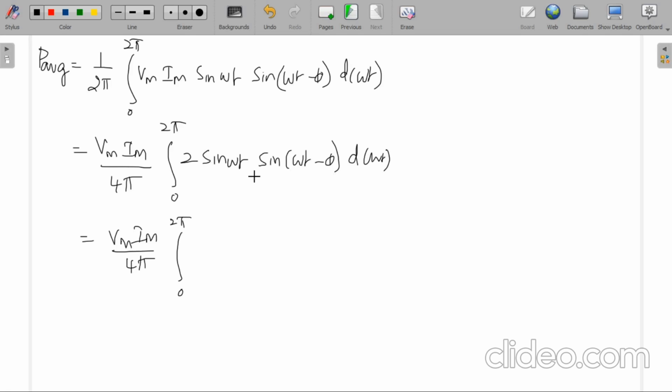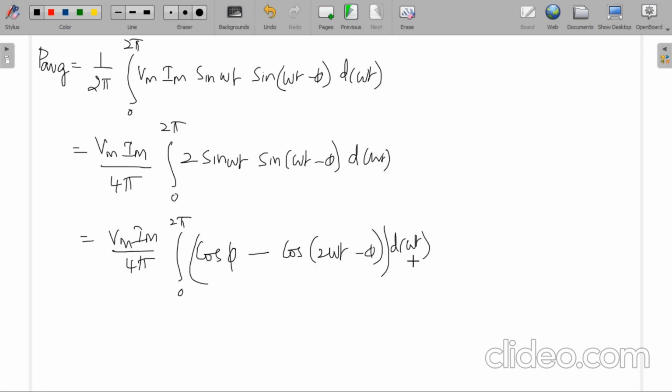Using 2 sin A sin B equals cos of A minus B minus cos of A plus B, we get cos phi minus cos of 2 omega t minus phi d of omega t.